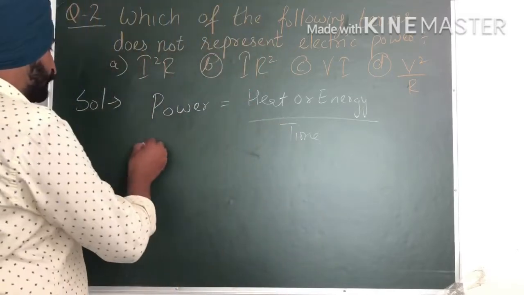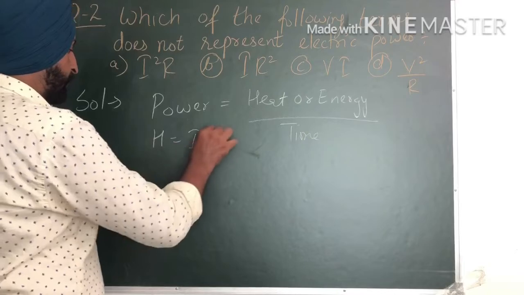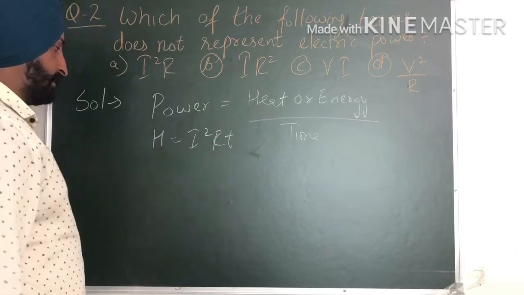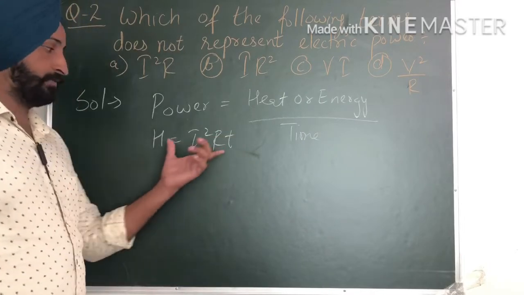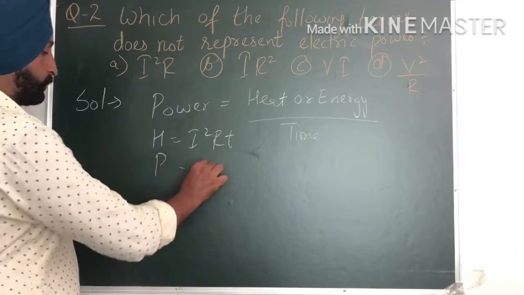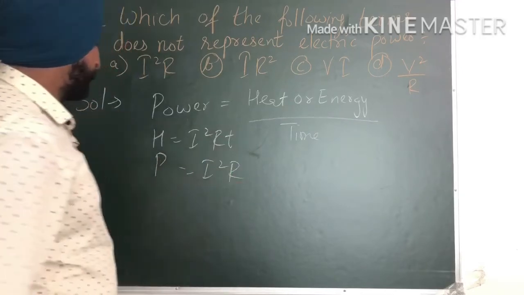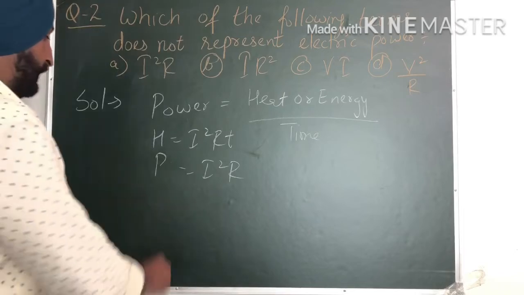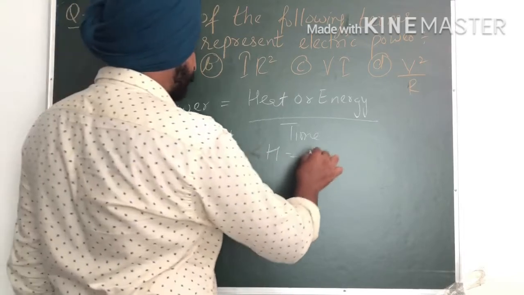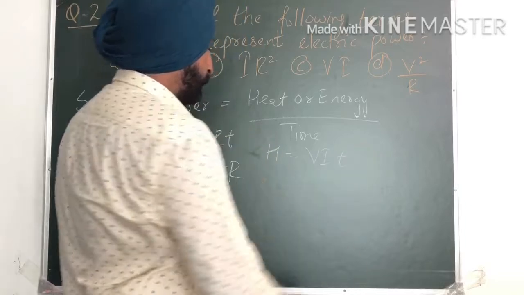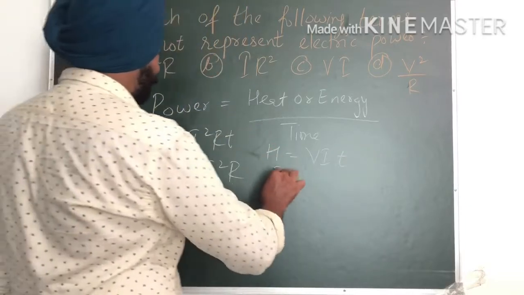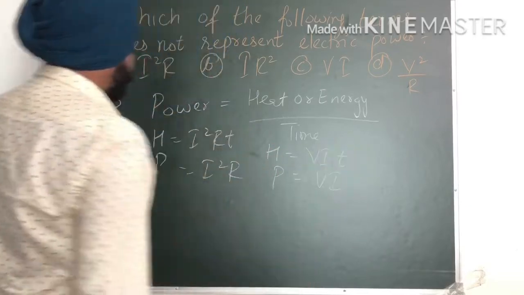So those formulas were H is equal to I square RT. Fine. So if you get the value of power from this formula, the power will be equal to I square R, cancelling time. Similarly, you have a formula for heat that is equal to VIT. So from this formula, the power will be equal to VI.